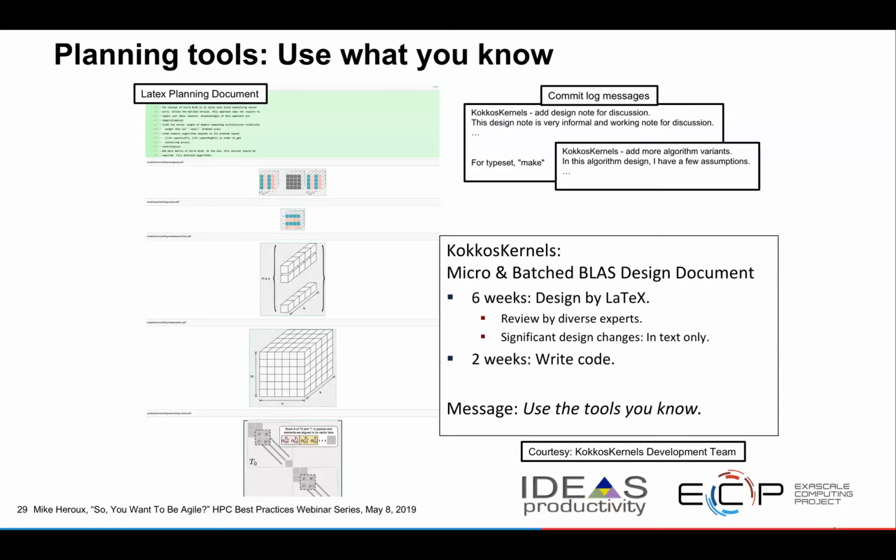By putting this document in front of people who had programming models and architecture expertise, they were able to detect flaws in the design, redo the design in the document, and then in a few weeks write that code. And that code is working really well now on this target set of architectures in a way that would not have been possible if they hadn't done this bit of documentation work. All right.